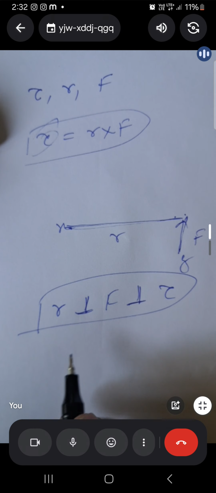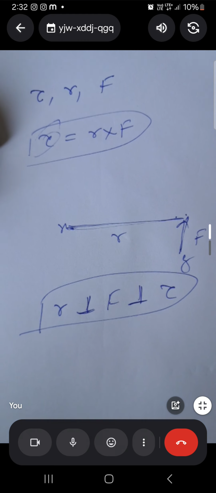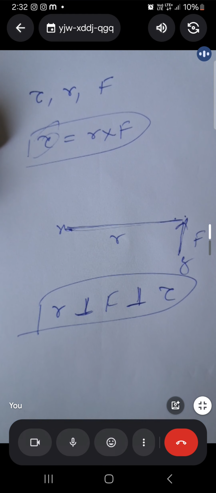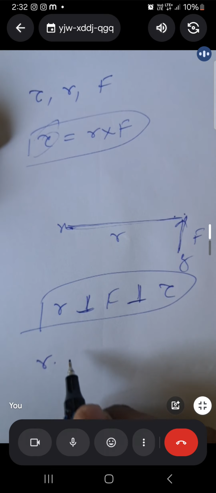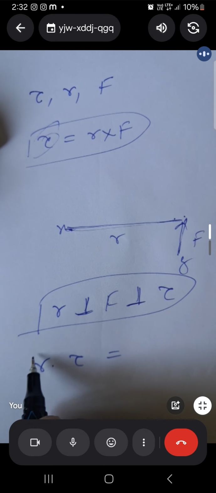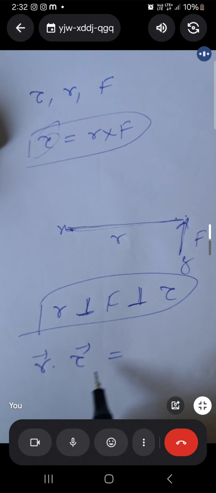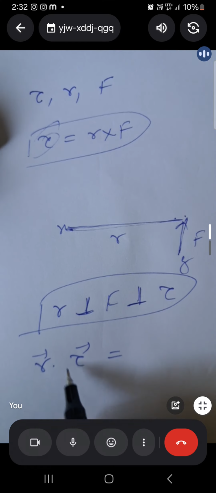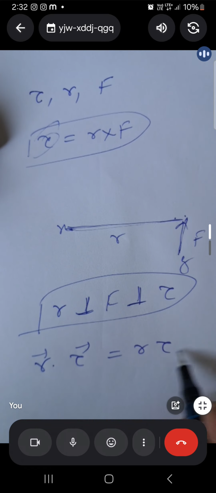Now, the question, by seeing the options: what about r dot tau? Here r is the vector and tau is the vector, and r dot tau is the dot product, r tau cos theta.